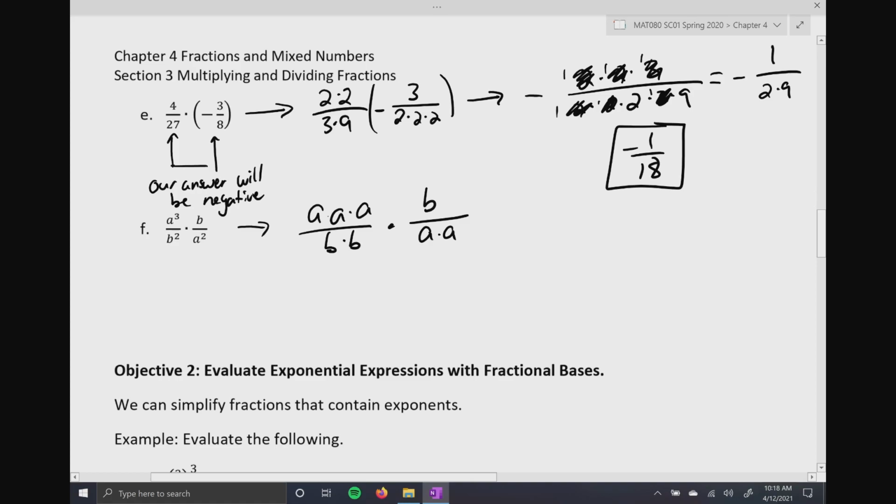If you wanted to, you can rewrite this so it's in alphabetical order. So your numerator is going to stay the same, but in your denominator, you just switch them. So it's a times a and b times b. And then from here, the a's in the top and bottom are the same, so the a's reduce and one of the b's reduces.